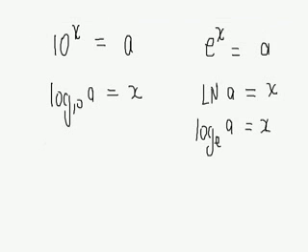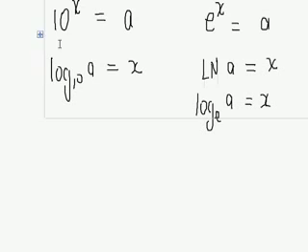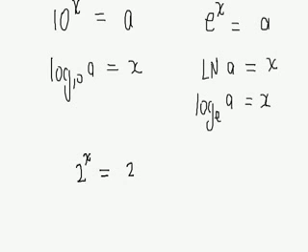That's great, but you're probably saying, okay, if it's 10 to the power of x or e to the power of x, I can do it. But what if I have a problem which says 2 to the power of x is equal to 29? How do you find x? So that's the question.